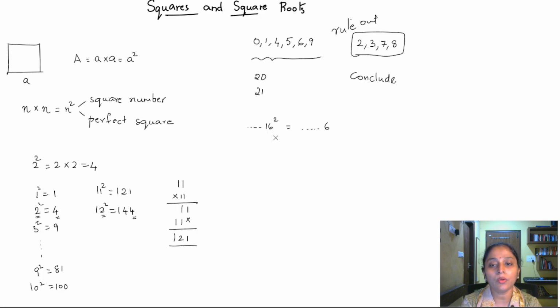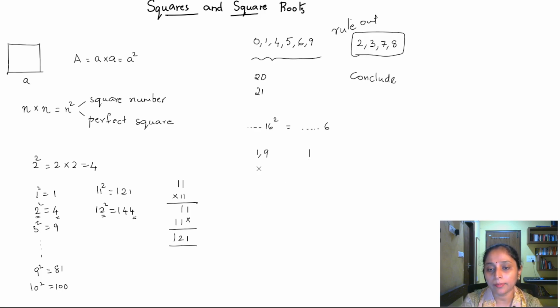Now for this, if you again go back to the observation that we made for the perfect squares from 1 to 10, you will see that for any number ending with 1 or 9, the perfect square is going to end with 1.